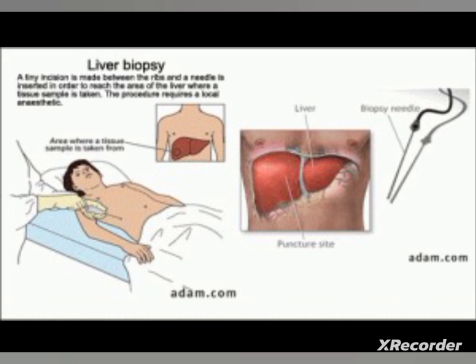Holding the breath immobilizes the chest wall and the diaphragm, which helps to prevent penetration of the diaphragm, and liver damage will also be minimized if the breath is held. So the physician will do the procedure, and within 5 to 10 seconds the procedure will be over.